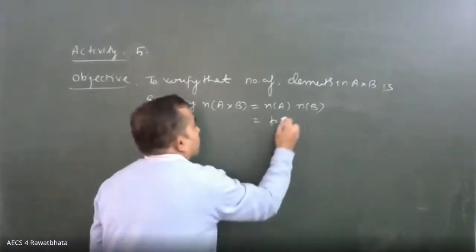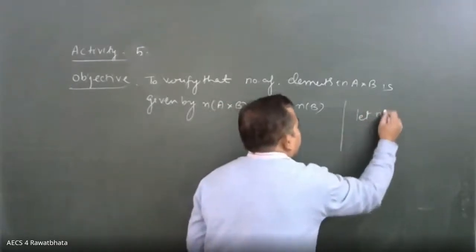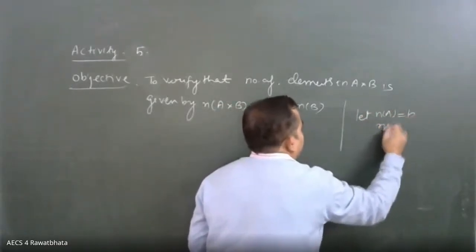Let it be PQ. Let n of A be P, it will be a bit simpler, I have assumed P and Q, and n of B equal to Q.